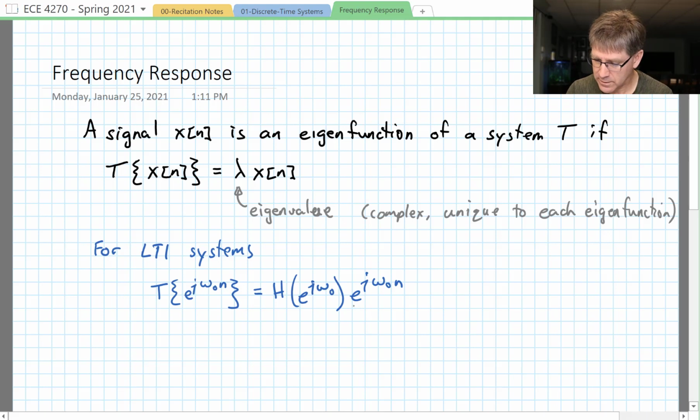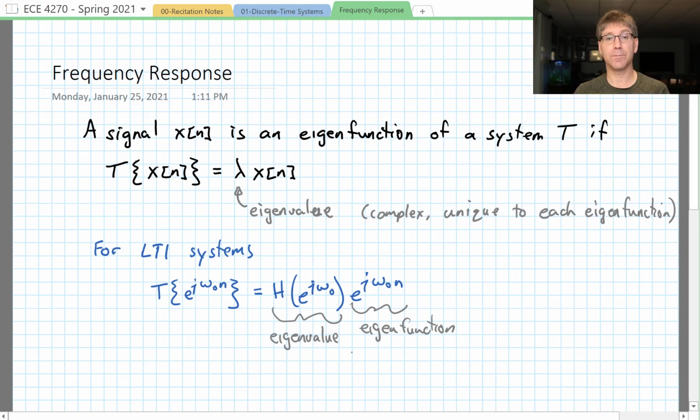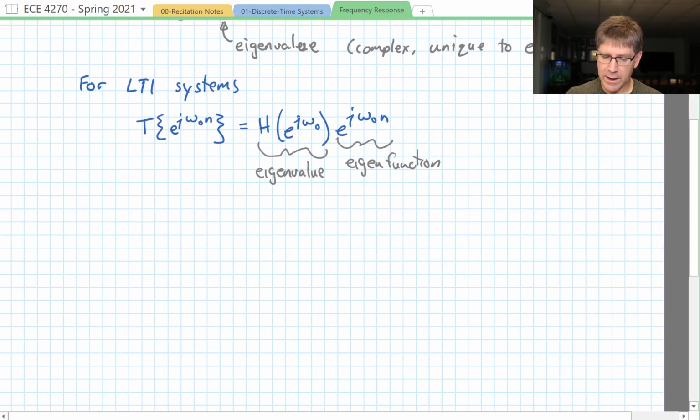So we have our eigenfunction, and this is our eigenvalue. Now it looks like a function here the way I've written it, and in a sense it is. It's a function of ω₀, just as the eigenfunction is too. So we're essentially parameterizing the eigenvalue to associate it with the eigenfunction. So let's go through how we actually do this.